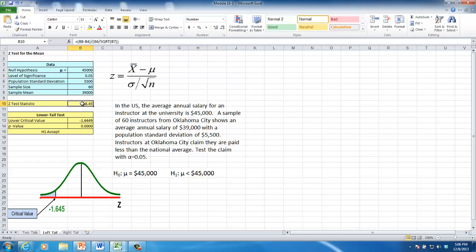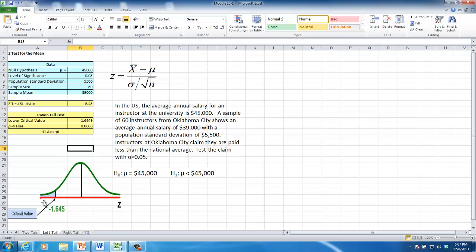Here on B10 you can see this formula: B8, which is x bar, minus B4, which is mu, divided by B6, which is standard deviation, divided by SQRT B7, which is sample size. Once I plug in these numbers into this formula, then z statistic is found to be minus 8.45.